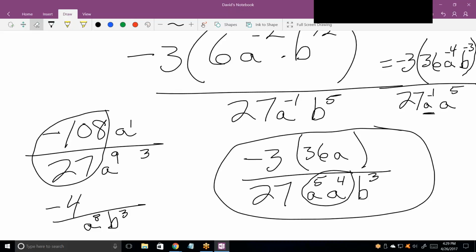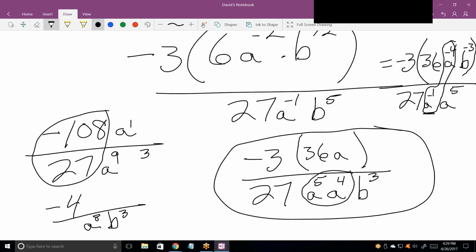Now, like I said, there were 3 or 4 different ways I could have gotten to that answer. I didn't have to do it exactly this way. I could have started right out by subtracting the exponents, minus 4 minus a minus 1. It's just that I've found that when you have lots of negative signs, that's when people make mistakes.